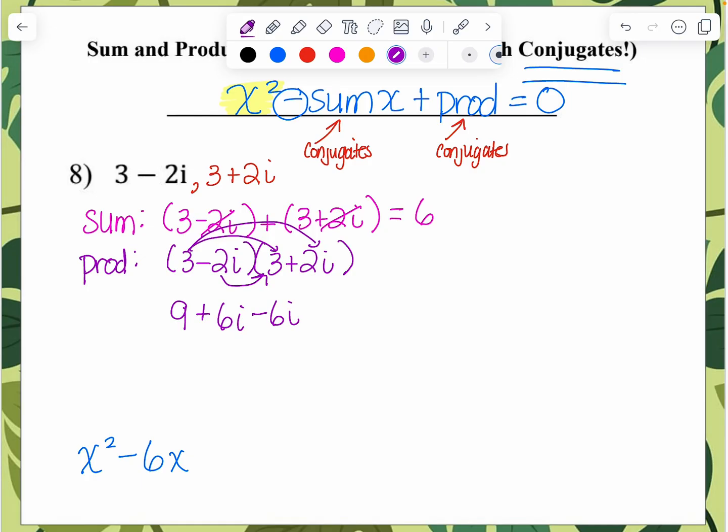We're going to see every single time, this is the beauty of conjugate roots, that the yucky stuff in the middle is going to cancel. And then negative 2i times positive 2i is negative 4i squared. This is negative 4 times negative 1, which is positive 4. So I'm going to be adding 9 plus 4 to get 13.